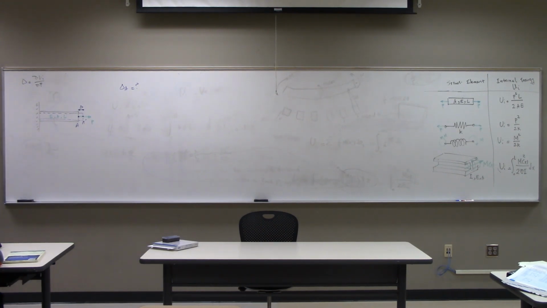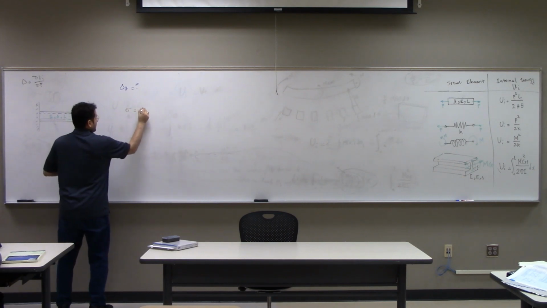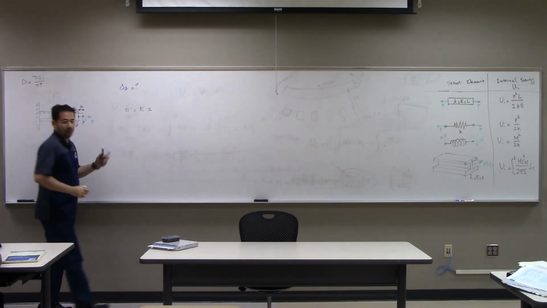First of all, before I do Castigliano, just don't use Castigliano's theorem. How do you find the deflection at this point? Just go back to mechanics of materials, chapter 1. So you write sigma is equal to E epsilon, Hooke's law.